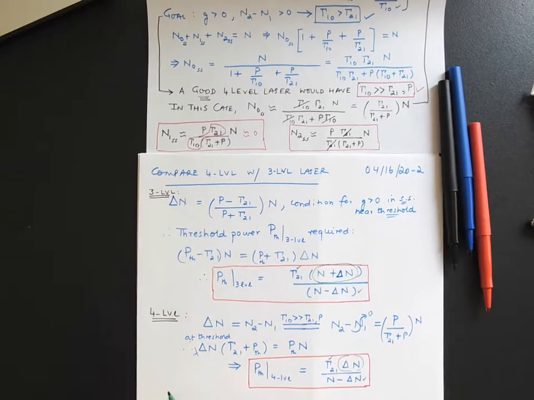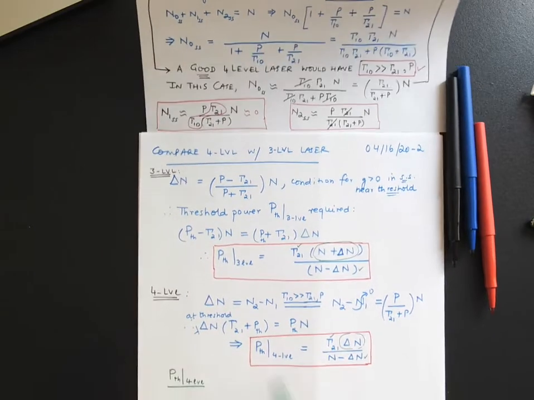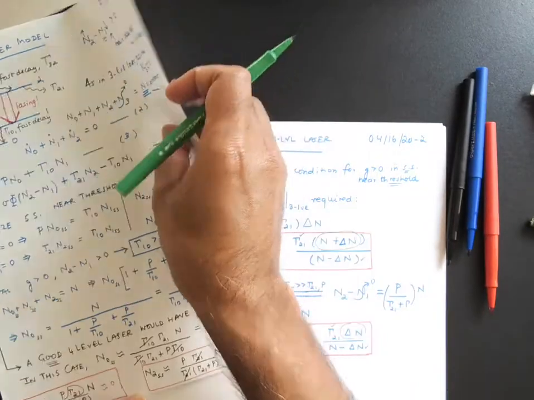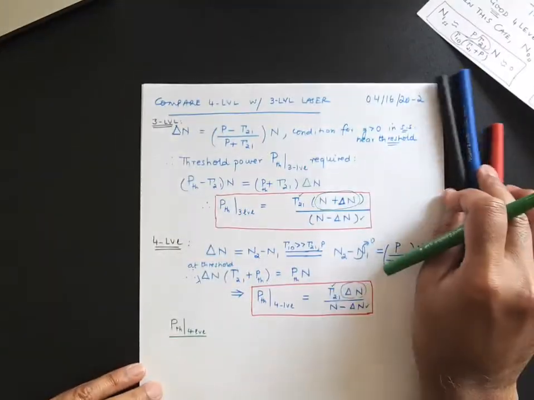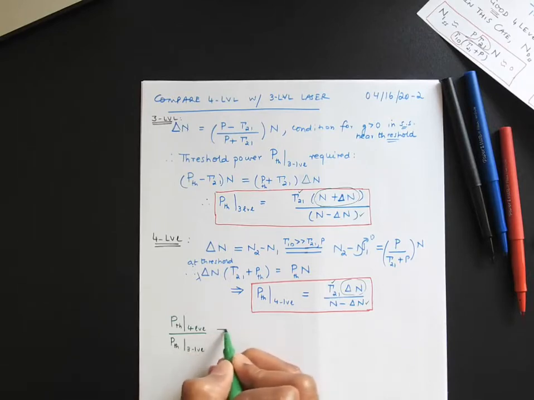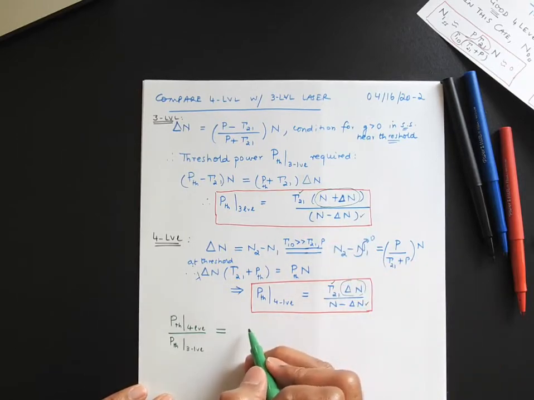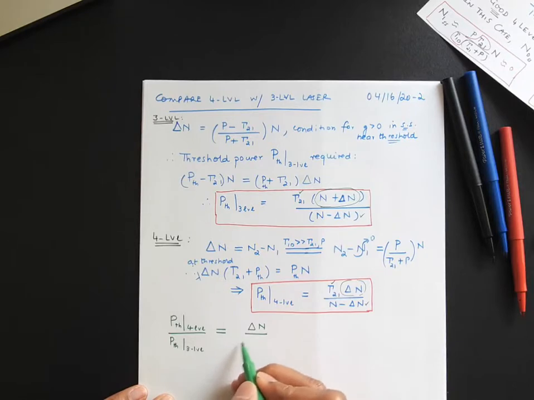So if I do a straight comparison, then the p threshold for the 4-level divided by the p threshold for the 3-level is, everything's going to cancel, and you're left with delta n divided by n plus delta n.